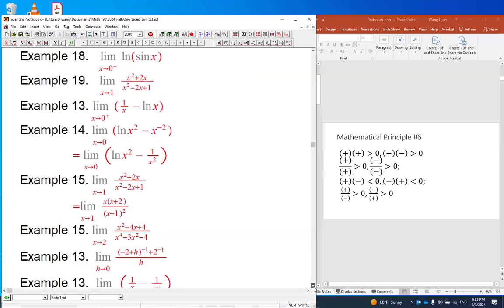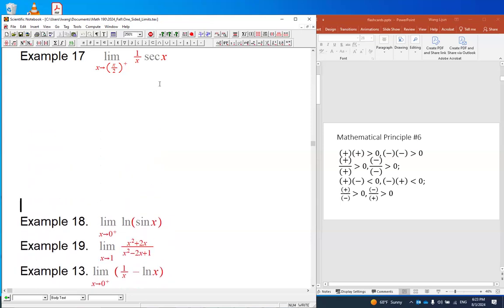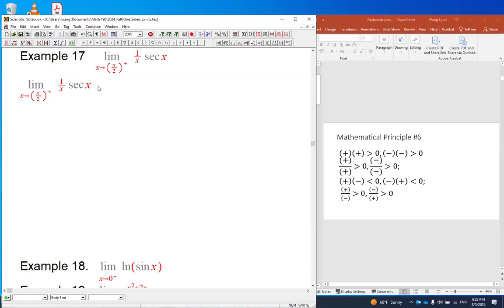The next two questions are related to familiarity with certain functions. x is approaching pi over 2 plus, right? If you're not familiar with secant, we can rewrite it as the reciprocal of cosine.